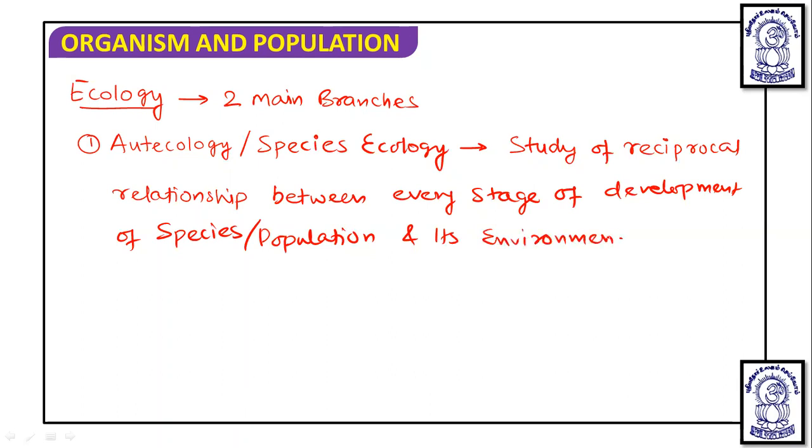So it is an interaction between the species or population and environment, and when we study that, it is known as species ecology or autoecology.